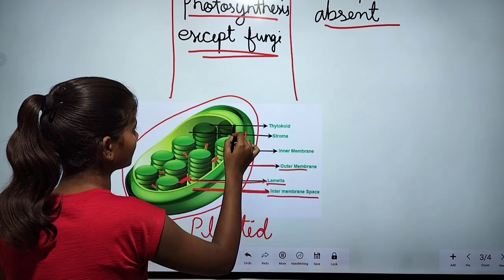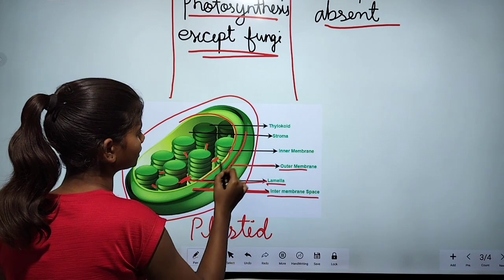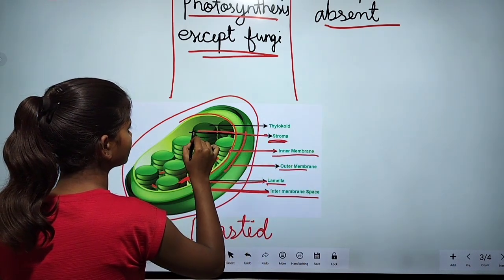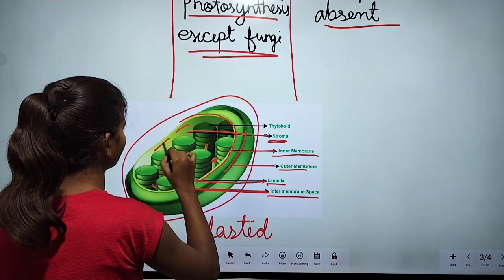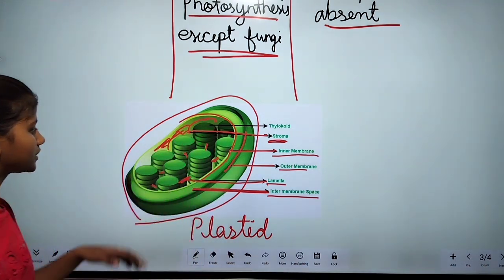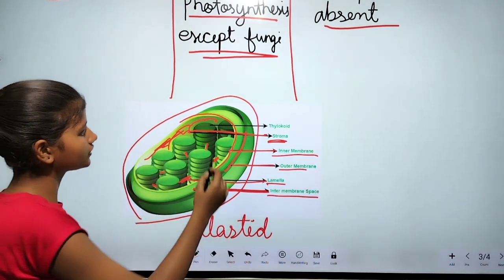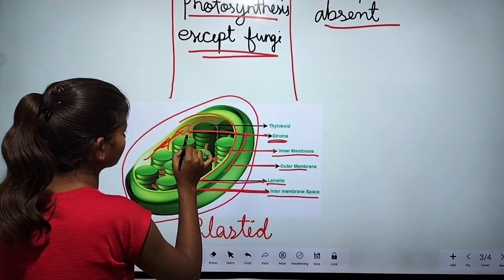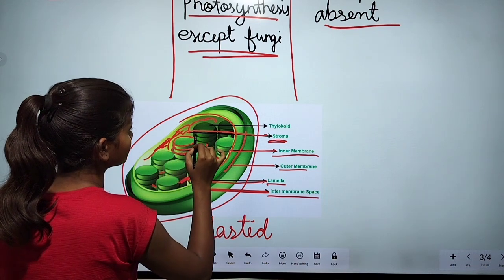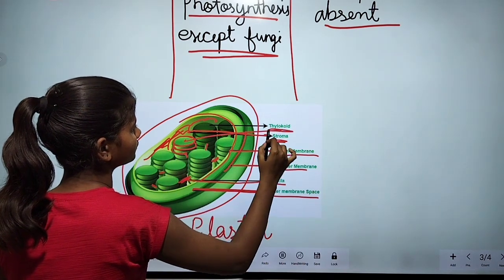This one is the inner membrane of plastid. This space is known as stroma, and this coil-like structure is known as thylakoid.